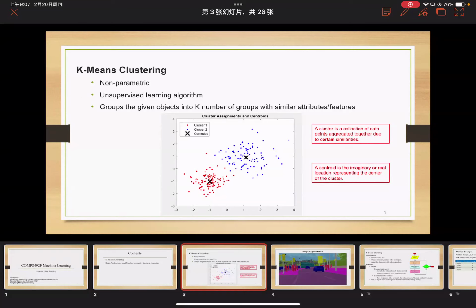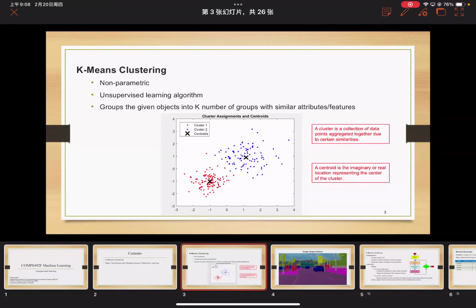So k-means is a non-parametric method. It is similar to KNN in that we don't have parameters for the model. Usually we will have a function for the model, but for KNN and k-means we don't have one. So we don't have parameters. And it is an unsupervised learning algorithm.